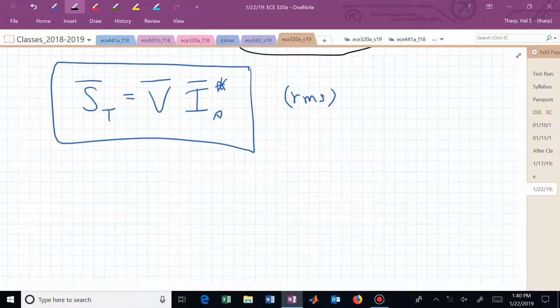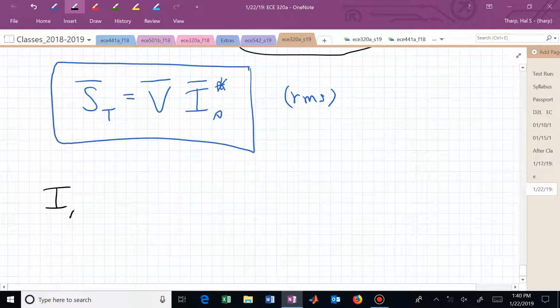That now allows us to write down the expression for this current, well, its conjugate, which we can solve for by dividing both sides by the voltage phasor. We now have the complex power divided by the voltage phasor.